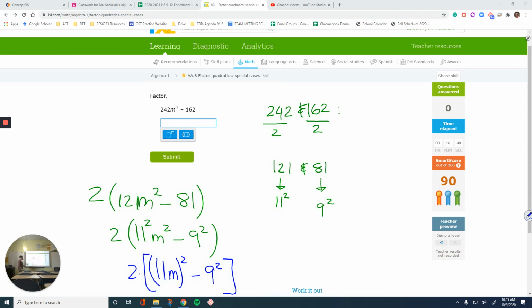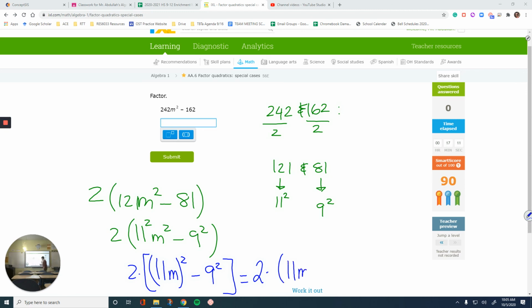Now that looks like a difference of 2 squares to me. I'm talking about what I have inside the parentheses. So my final answer is going to have the 2 that is outside of everything, and then the brackets have a difference of 2 squares inside them. And then that one, you can find the answer by adding and subtracting and multiplying. Add the bases. The first base is 11m.